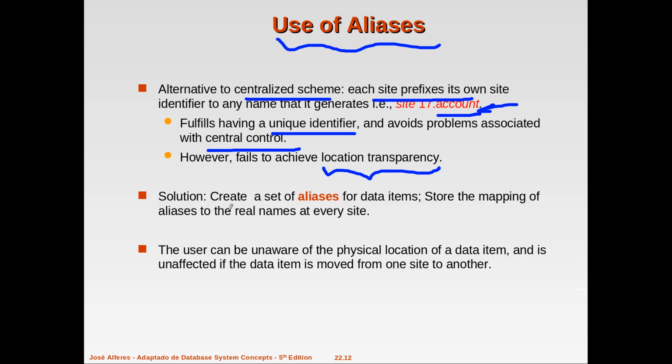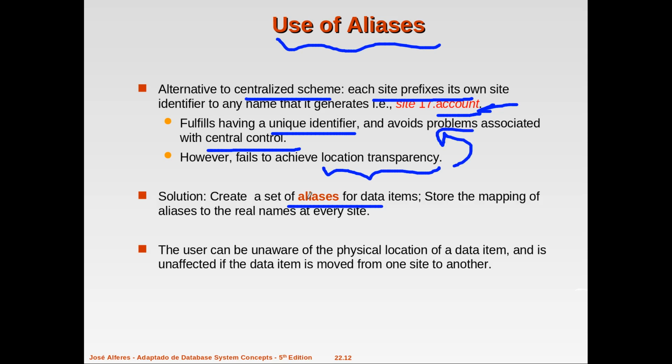Now, in order to provide a solution for this situation, we need to have a set of aliases for data items. Initially each account or each item was present in a particular site with the site number, and there we have the location transparency problem.